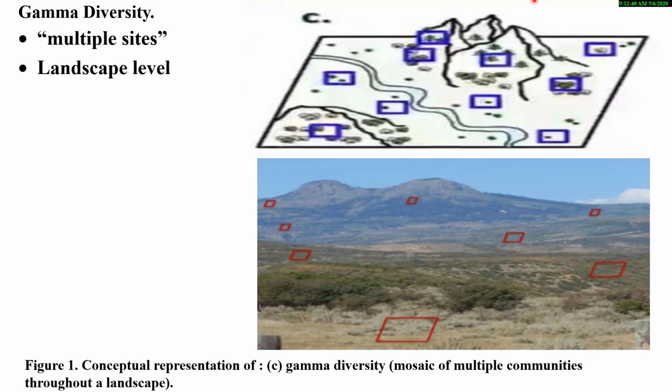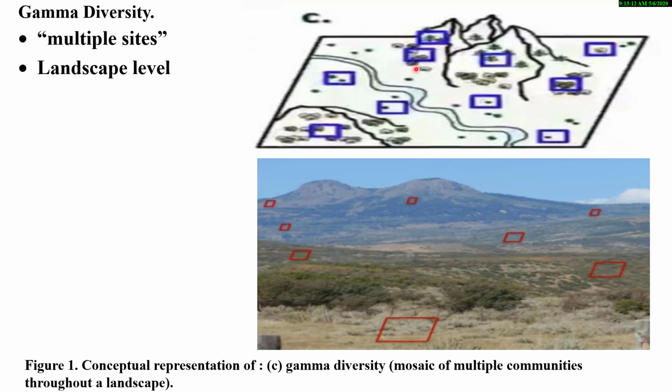Gamma diversity, we are comparing the diversity of multiple different sites in different locations. We are looking at the entire landscape. We lay a plot here, assess the diversity. We lay another plot here, another plot here, another plot here, almost all multiple plots. We are looking at different sites.